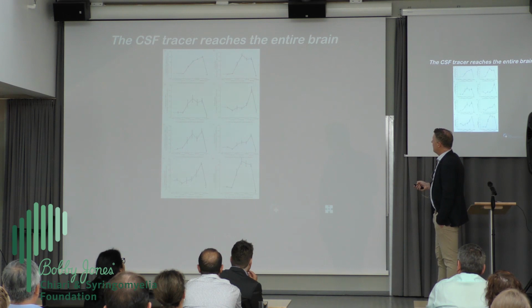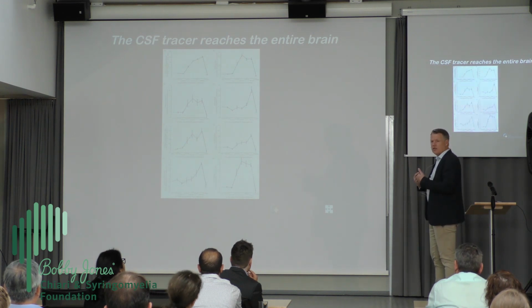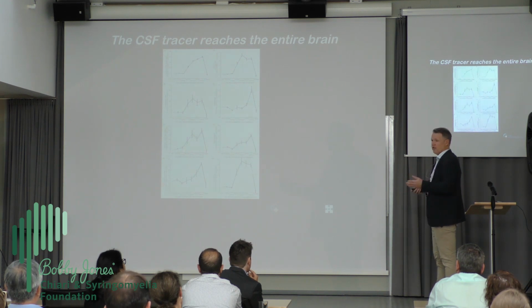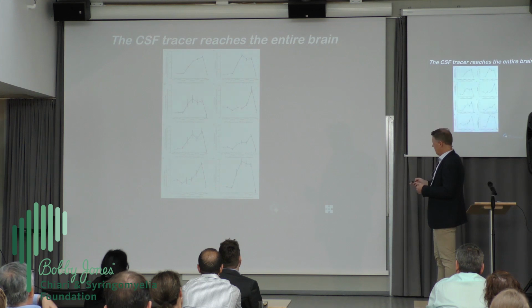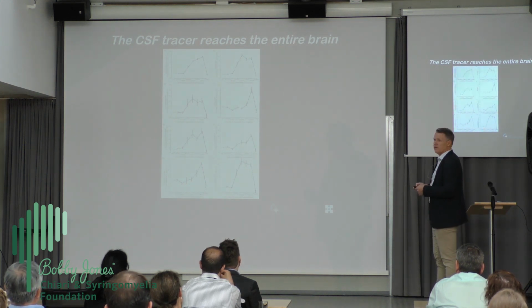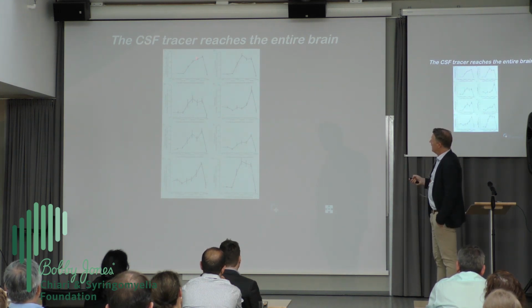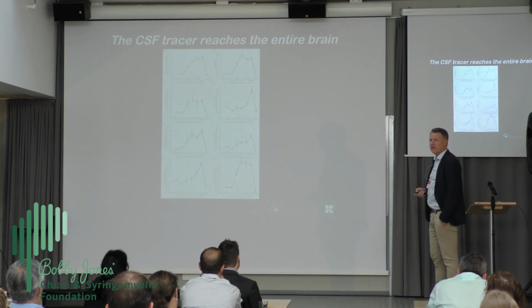So what we see is that CSF tracer is distributing in the entire brain, all regions that we have looked at using FreeSurfer, and it's very typical that the peak is after 24 hours, and then the latest scan that we do is in the evening.